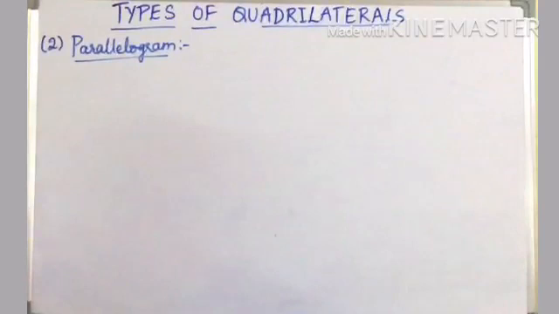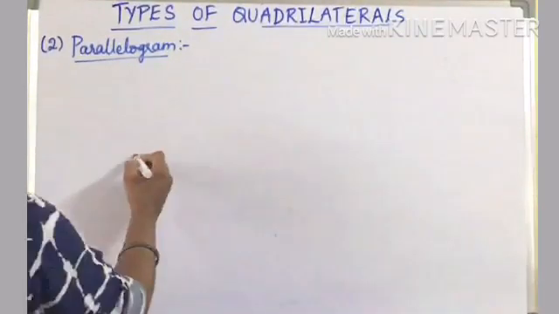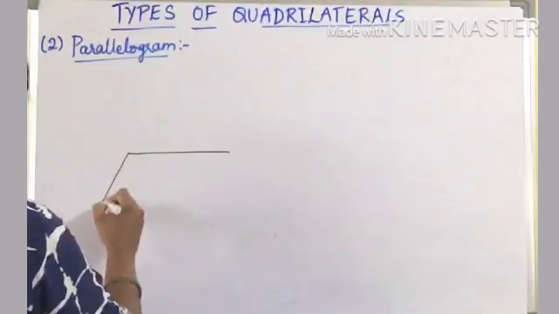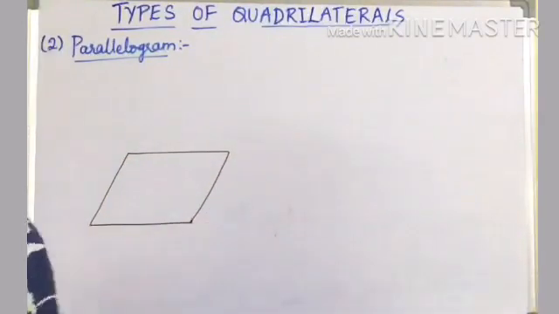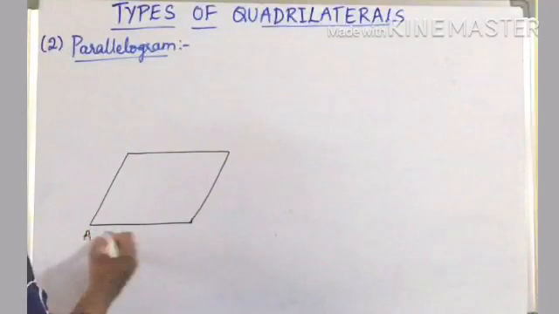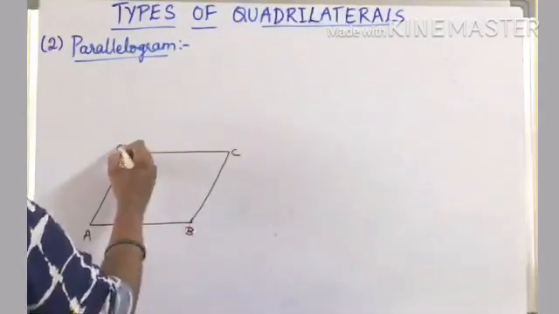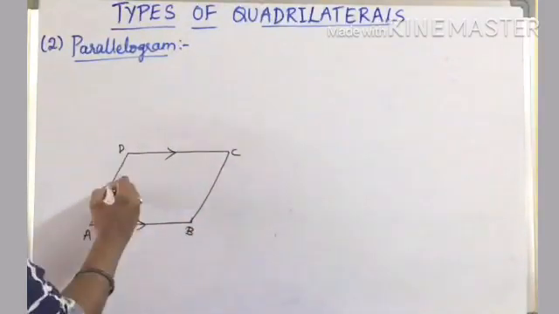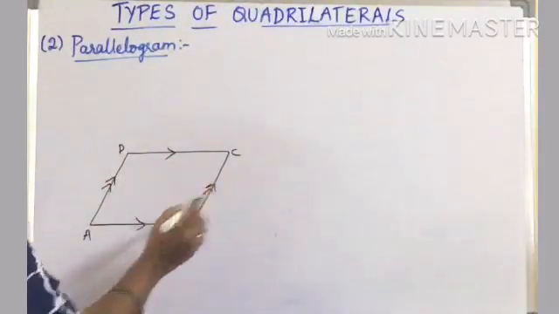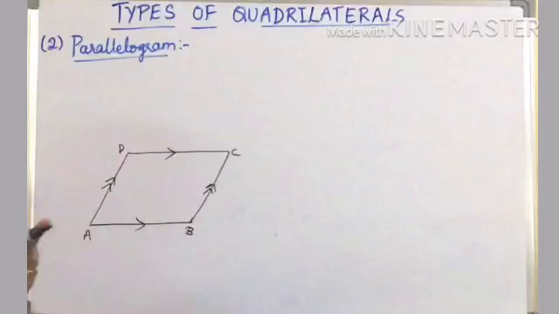Next one is the parallelogram. A quadrilateral in which both pairs of opposite sides are parallel. This is the shape of a parallelogram. Suppose it is ABCD, AB is parallel to DC and AD is also parallel to BC. Here both pairs, only 2 pairs of opposite sides you are going to get. If the 2 pairs are parallel, then we call it a parallelogram.